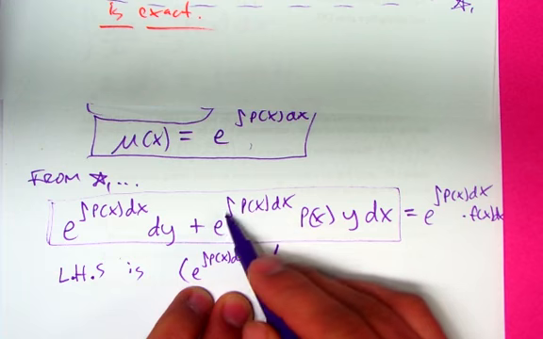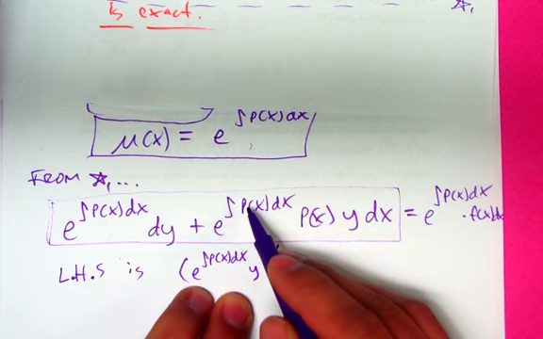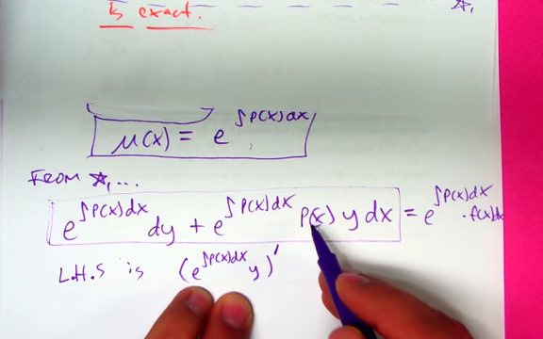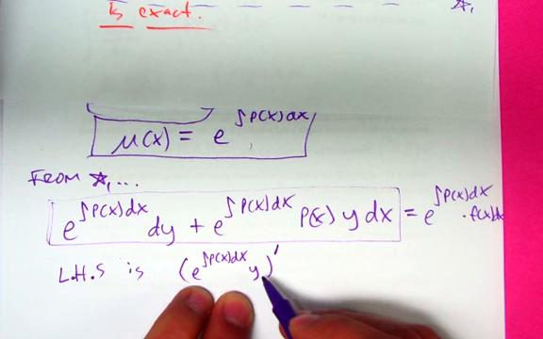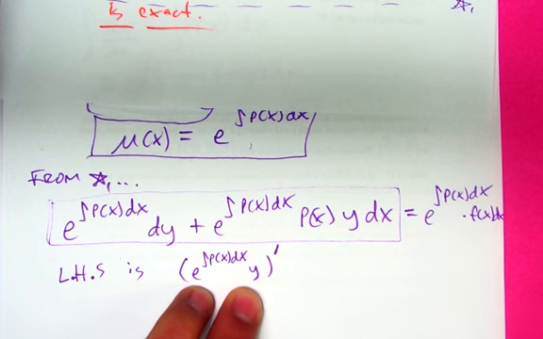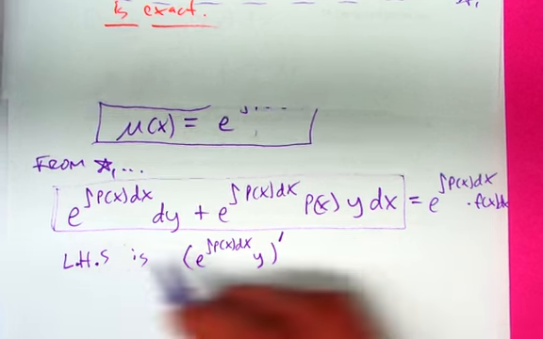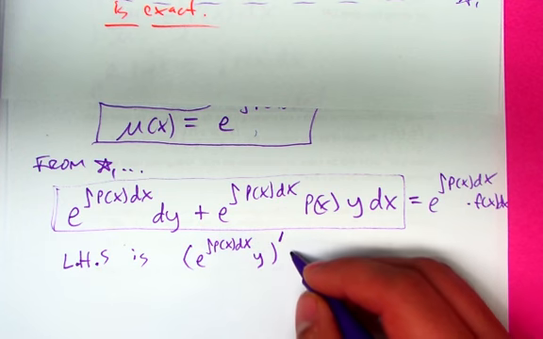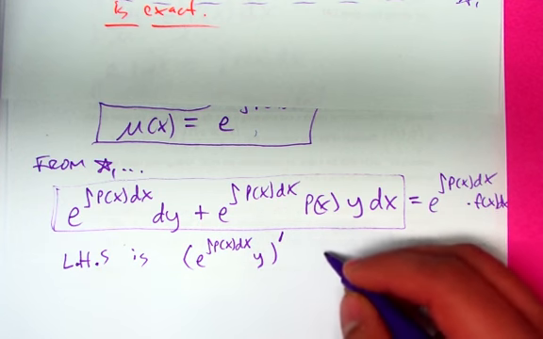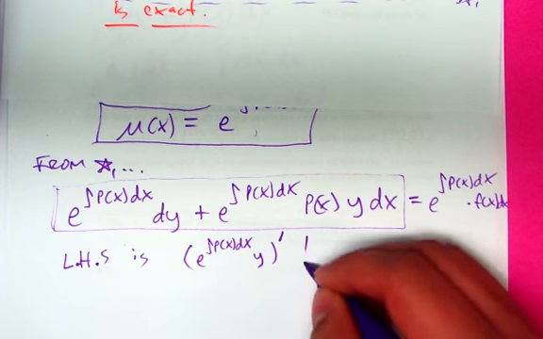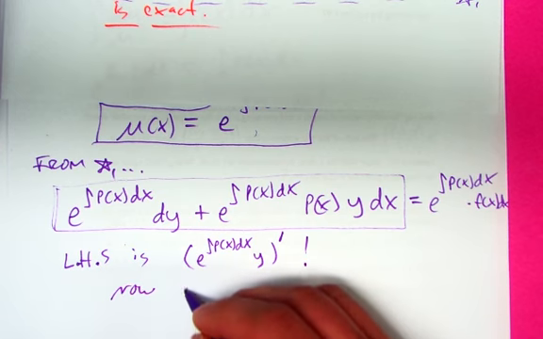And then you have to do the chain rule. Well, the derivative of the integral will become p, right? And then you still have the y from before and the dx. You guys see that? Okay, so product rule is good here because now we can integrate. Now we can integrate both sides.